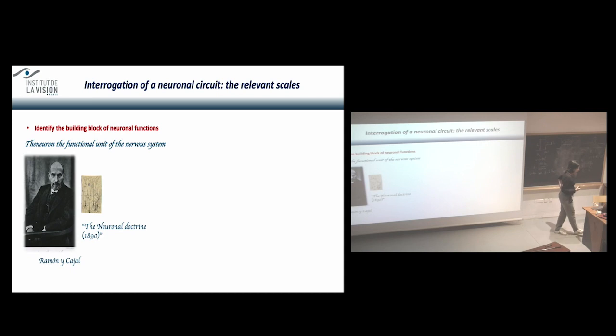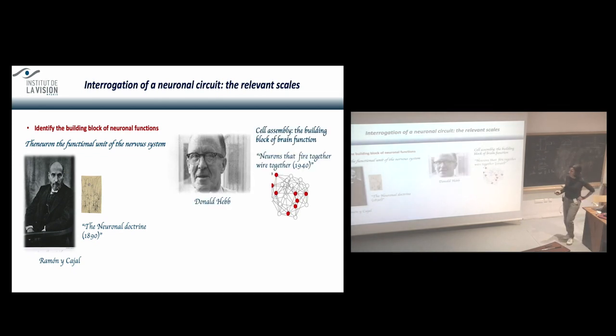And so this requires to say, okay, if I want to investigate the circuits, I need to have approaches that enable to look and to manipulate with single cell resolution, because we really want to see what happens at the level of a single cell. But then things become more complicated, because about 50 years after the neuronal doctrine, Donald Hebb, with other people also, started to introduce the idea of cell assembly.